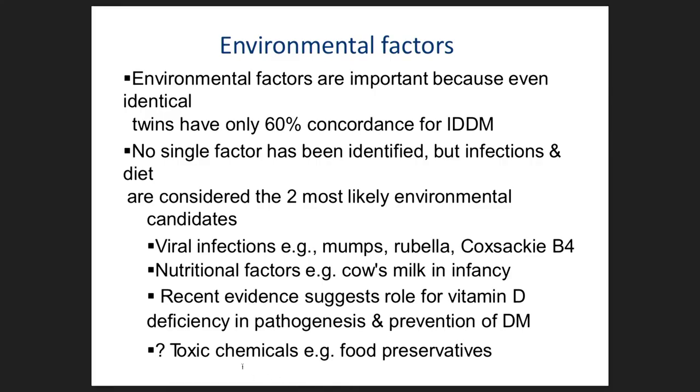And also, one of the possible triggering factors to develop type 1 diabetes is toxic chemicals present in the food, for example, food preservatives and coloring agents. As you know, a lot of children love sweets with color.